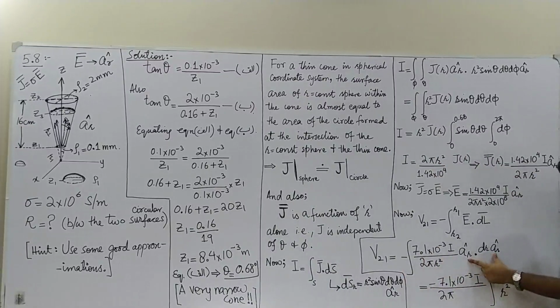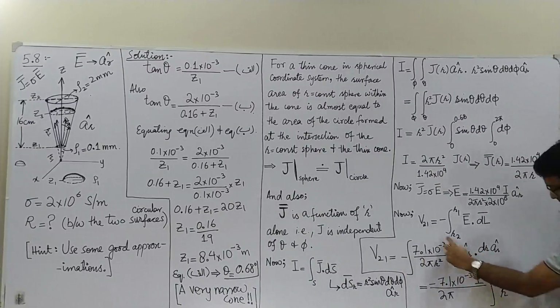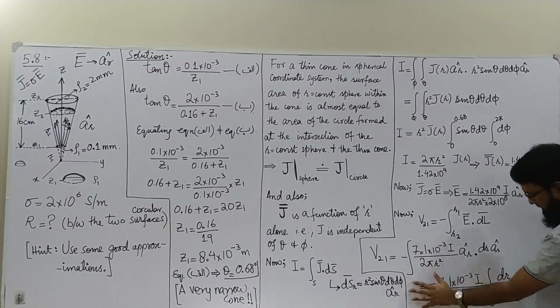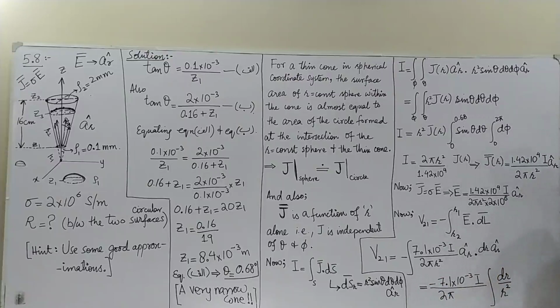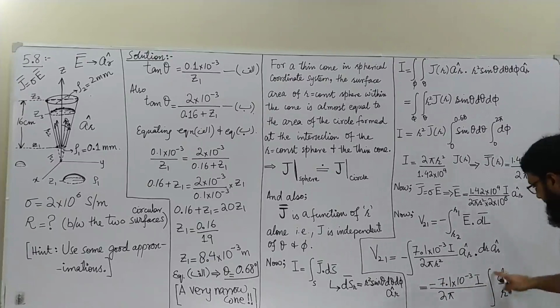Take the dot product, it will be eliminated. This constant can be taken out of the integral sign, and within the integral what is left is dr over r square integral. Now what about the limits?